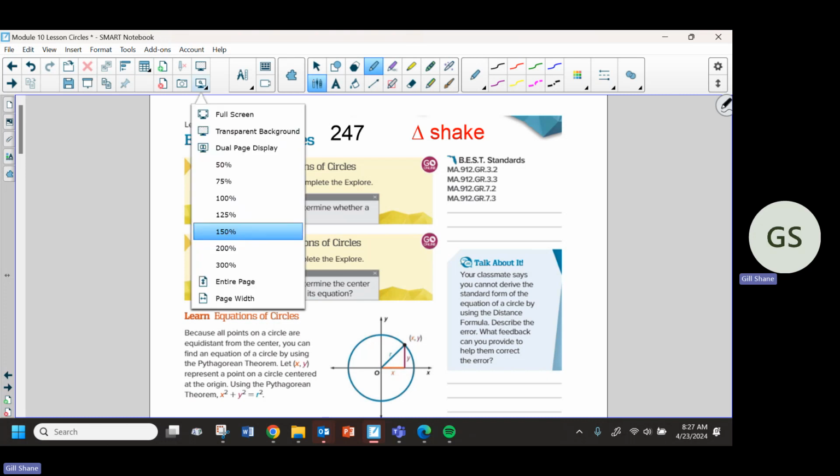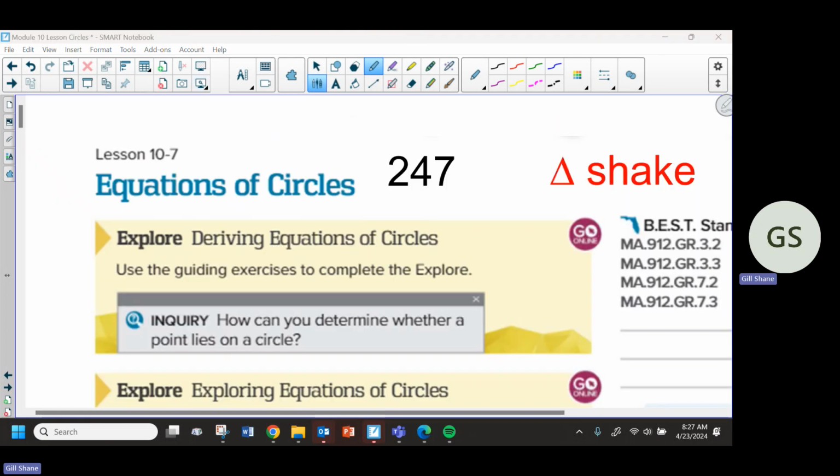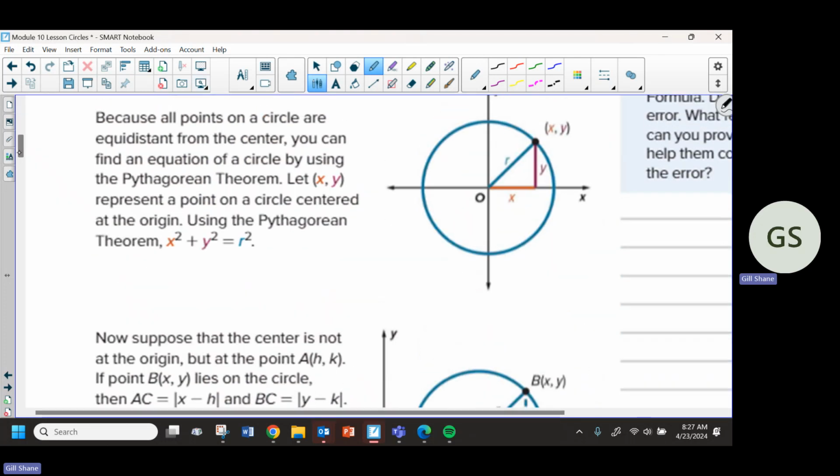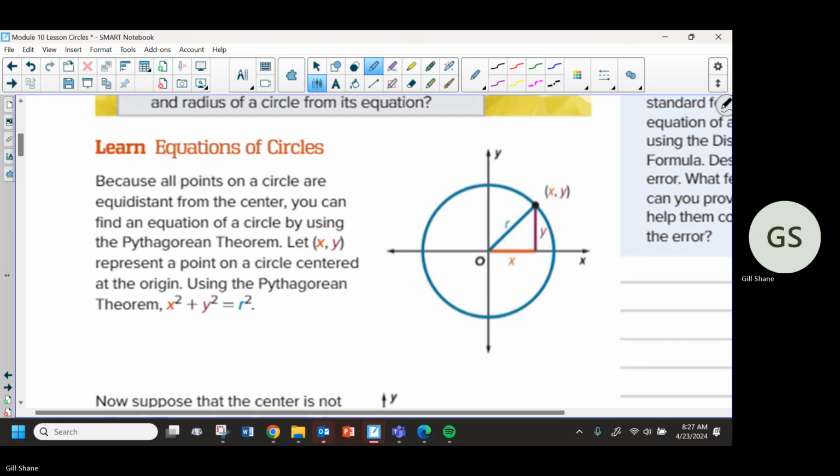So we have circles. We've been working with them forever. What do we say a circle is? What is a circle? People thought aliens created it, and I said no, this is all that really happened.